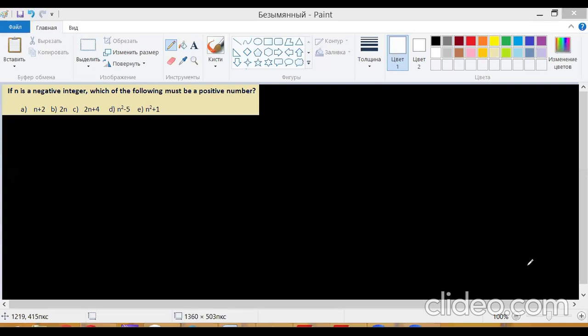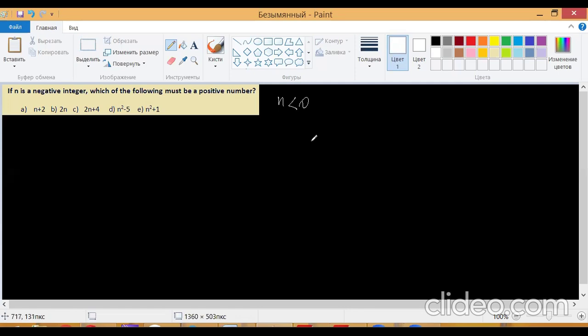Now the first one is the following. If n is a negative integer, which of the following must be a positive number? What we know from this task is that n is a negative integer, right?